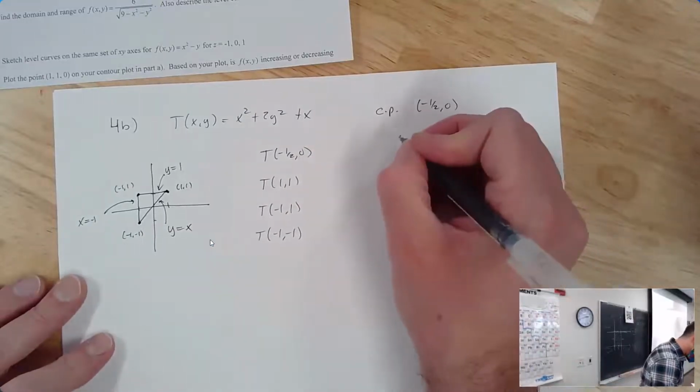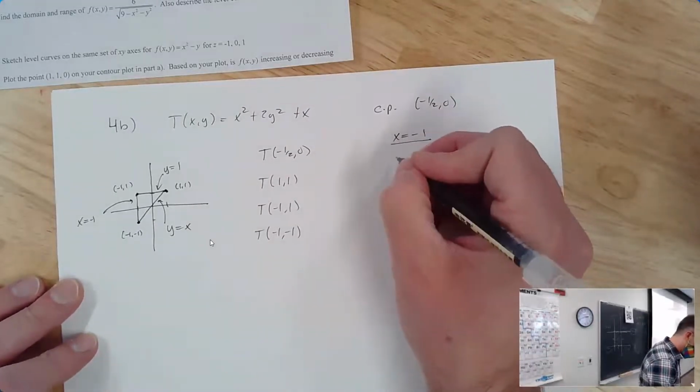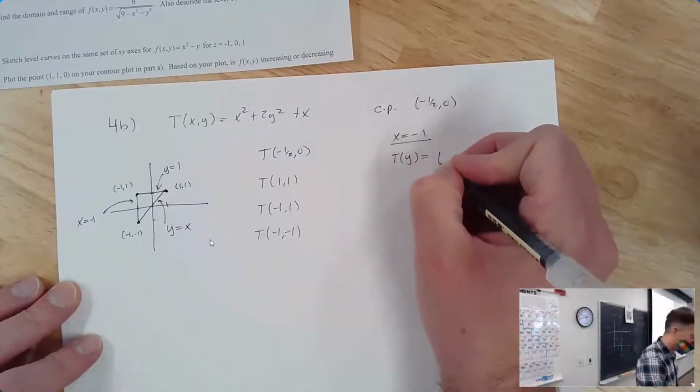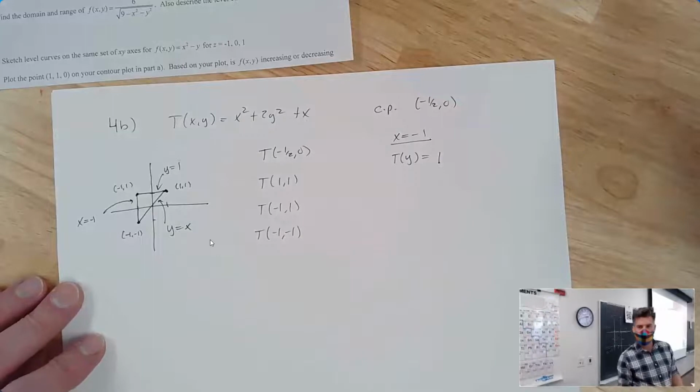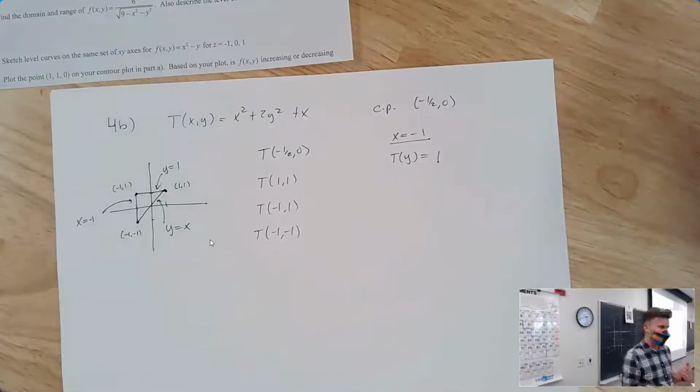So for x equal to -1, we're going to plug in x equal to -1 and get T of y. I don't think you need to bring graph paper to the exam, but if you can have extra paper, you certainly could bring it. But they should give you a picture. It shouldn't be super hard to graph.